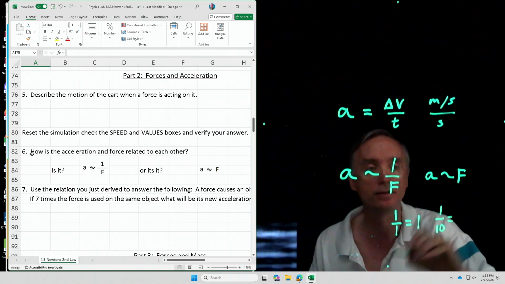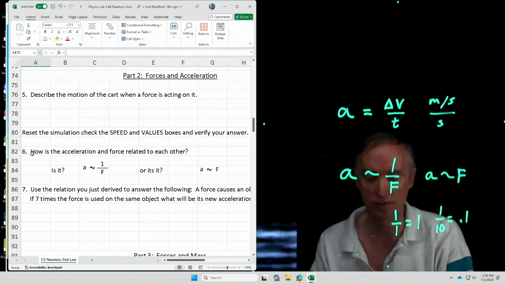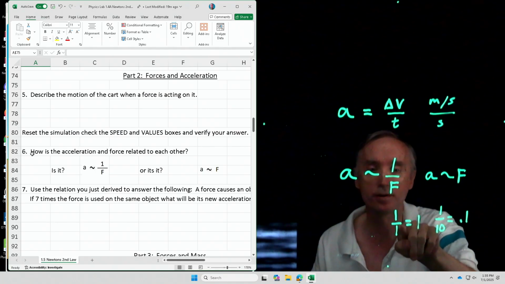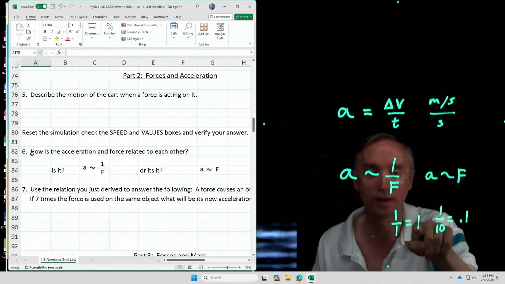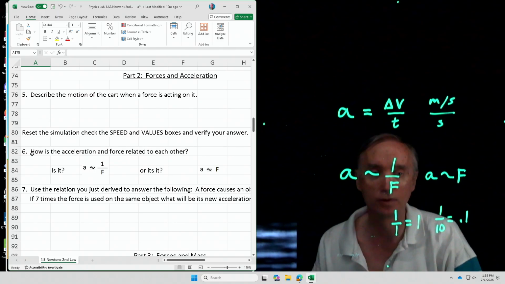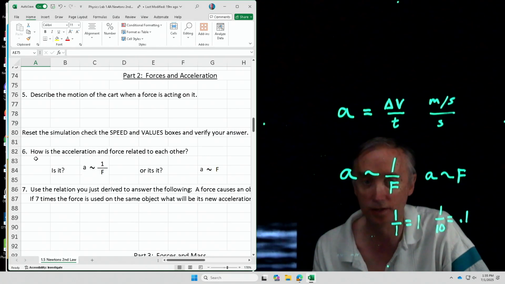That is going to be 0.1. So do you see that as the bottom part of the fraction is getting bigger, what's coming out of the thing is getting smaller?